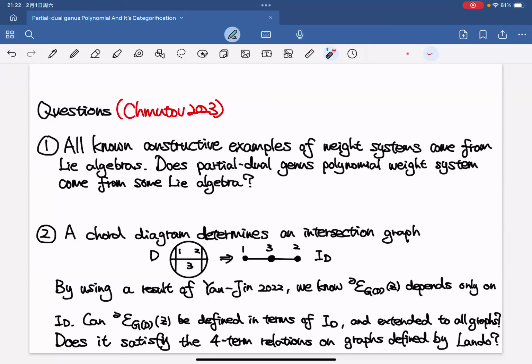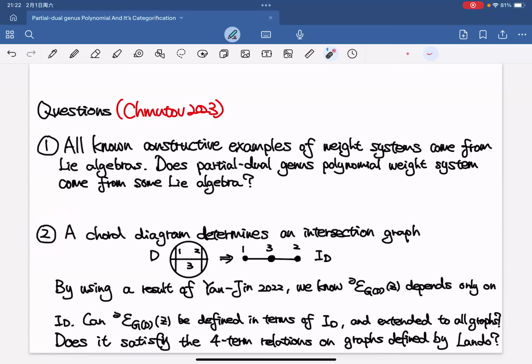So all known constructive examples of weight systems come from Lie algebras. So he wants to know, does the partial dual genus polynomial weight system come from some Lie algebra? But in my talk, we will just focus on the second question.